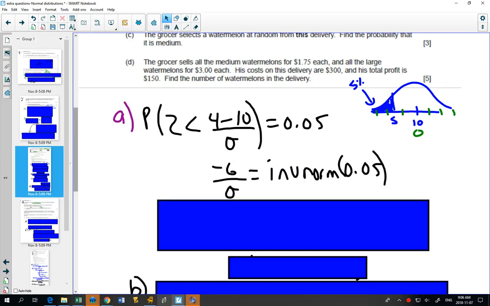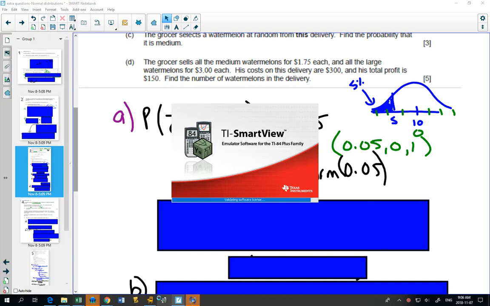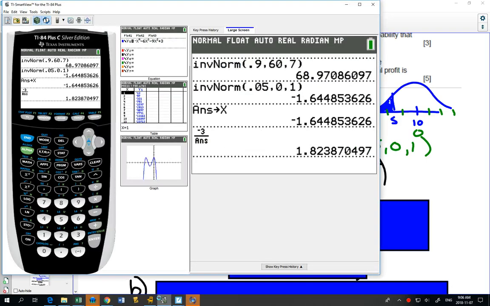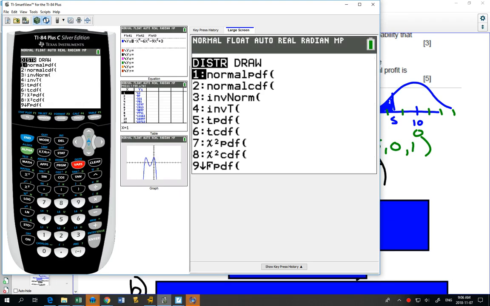So if I go to inverse norm of 0.05, it's not wrong if you put in 0 and 1. But if you just write inverse norm of 0.05, your calculator will assume the mean is 0 and the standard deviation is 1. Trying to remember, when you open up inverse norm, does it start with 0 and 1? I think it does. We'll check it. Yeah, so we go to distributions, number 3, inverse norm.